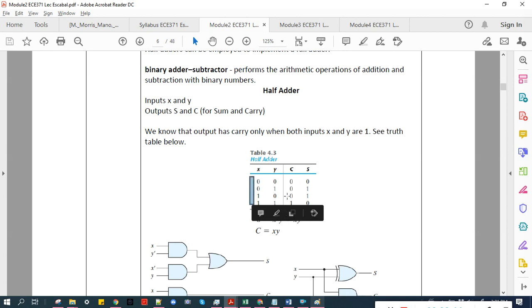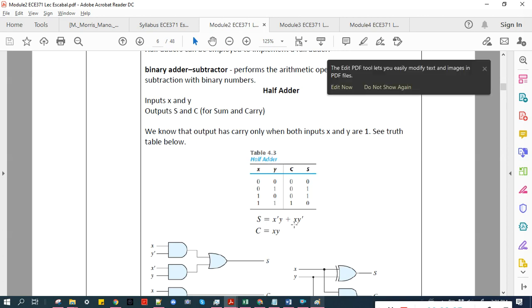If we convert this to the equivalent Boolean function, we can use a Karnaugh map, or just by looking at this, we just add the minterms.